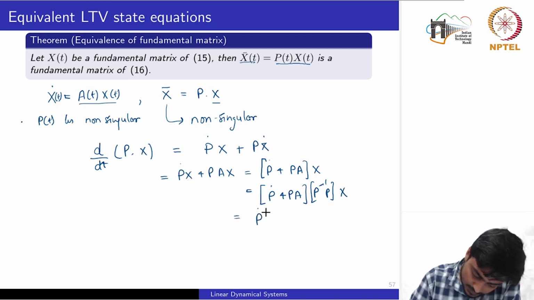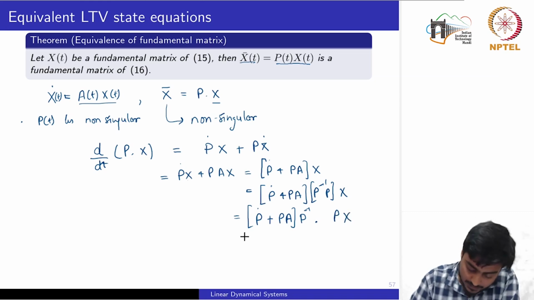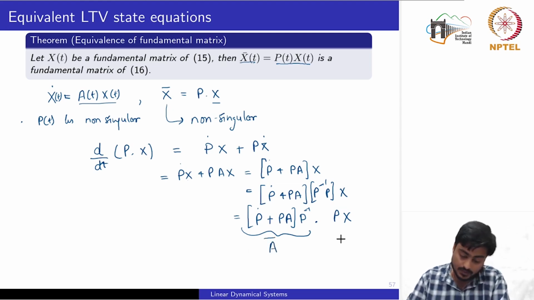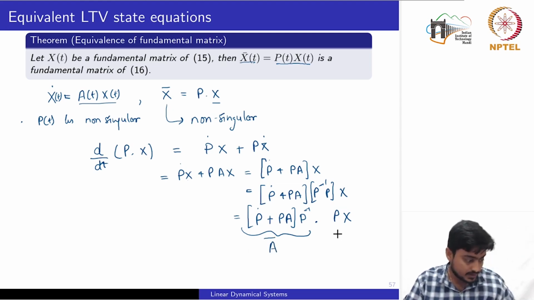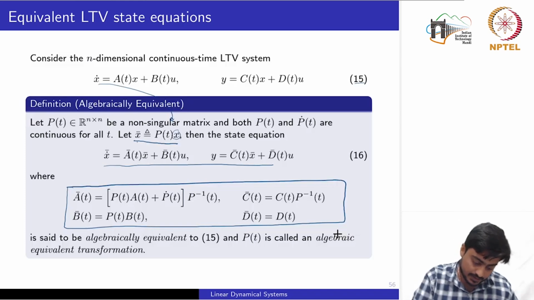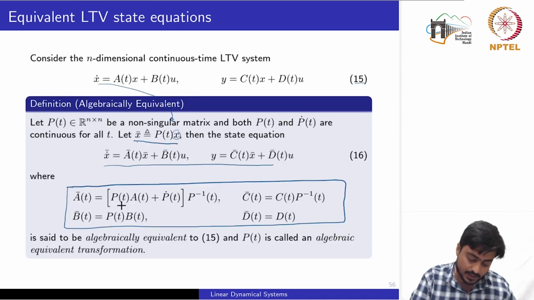So I can separate both the terms at P x. Okay, and this part we know is given by A bar. If we see the previous slide, A bar is defined as the multiplication of P A plus P dot multiplied by P inverse.